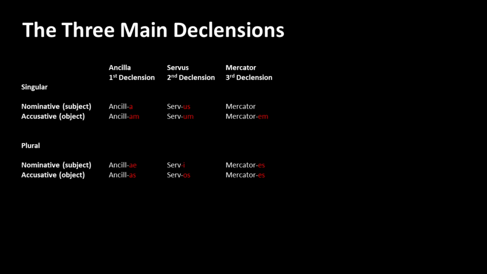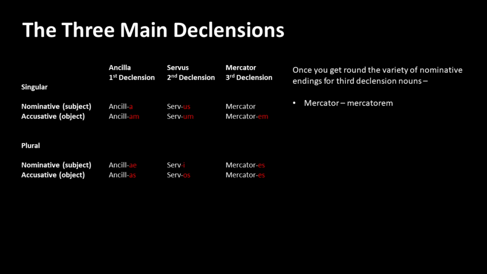Unlike the other two declensions, these have a variety of endings. Here are some examples. Mercator, in the accusative mercatorem, grumio becomes grumionem, senex, senem, civis, civem.